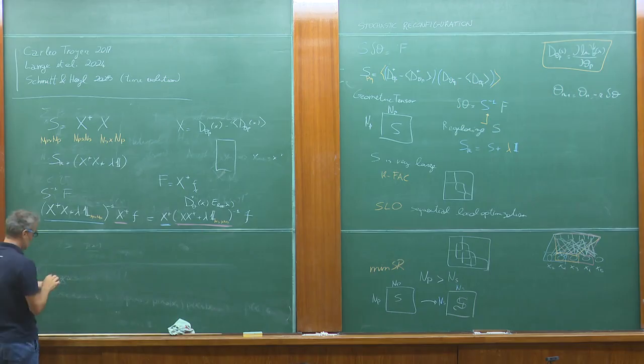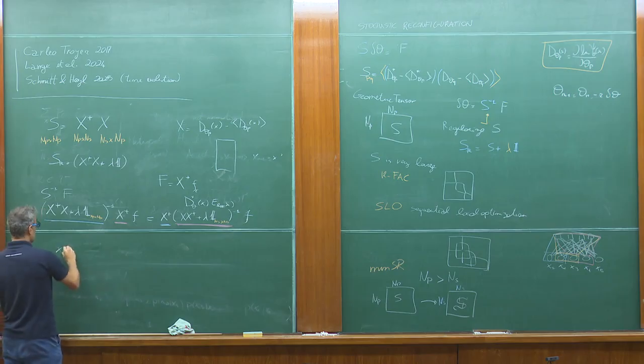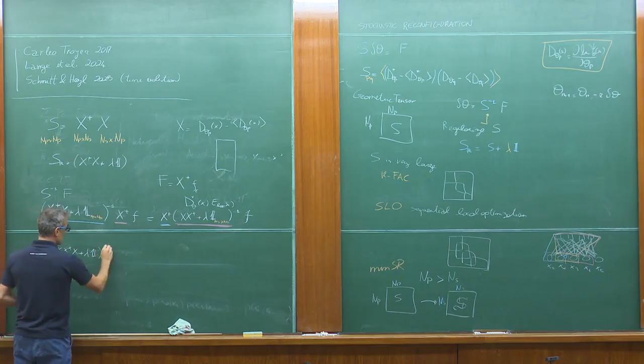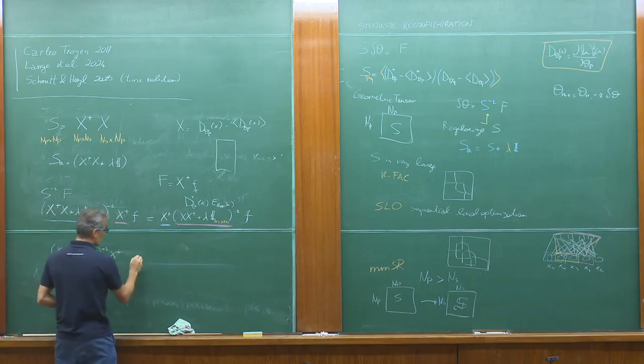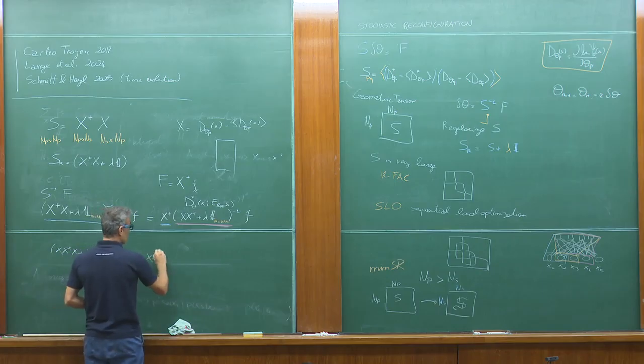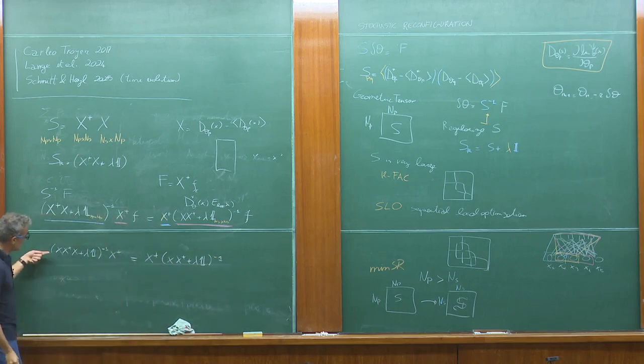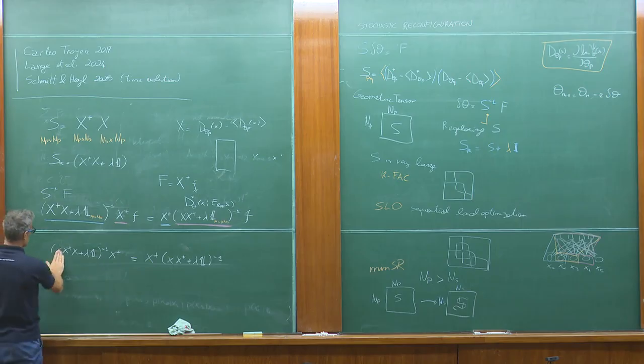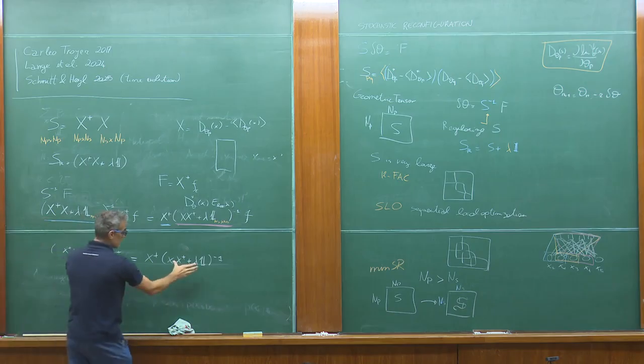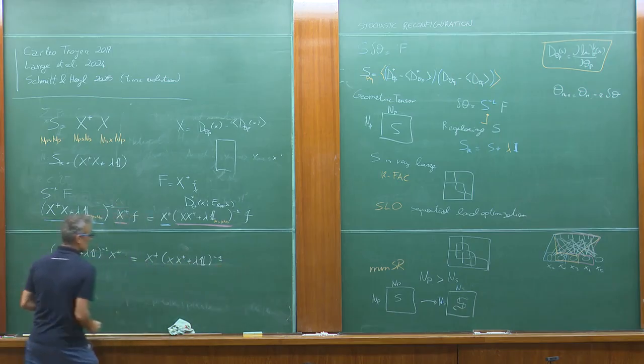This is true. It's not difficult to prove it. Once you do X dagger X plus lambda identity, minus 1 times X dagger, and then you say it equals X dagger, X X dagger plus lambda identity to the minus 1. What you can do, you can multiply both sides by this thing at the left, and this thing at the right.